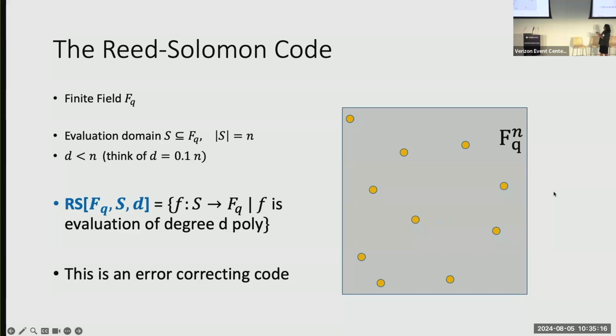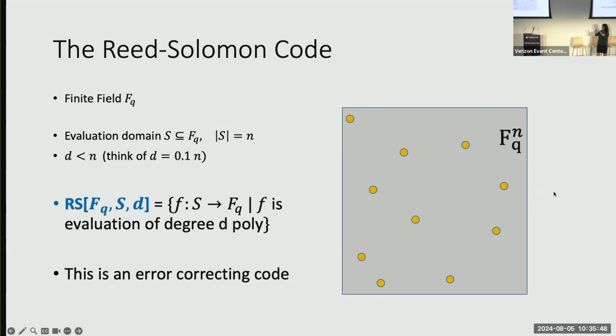But before I get into that, just to set up some notation that I'll be using. So you have the finite field, you have your evaluation domain. I'll talk about the Reed-Solomon code over this finite field on the evaluation domain S and for degree D polynomials as a set of those functions which are true evaluations of degree D polynomials. And so every such evaluation of a truly low degree polynomial can be viewed as a vector in FQ to the n.